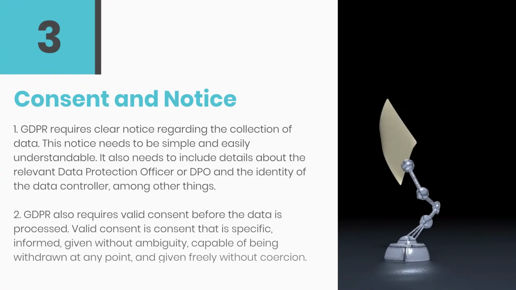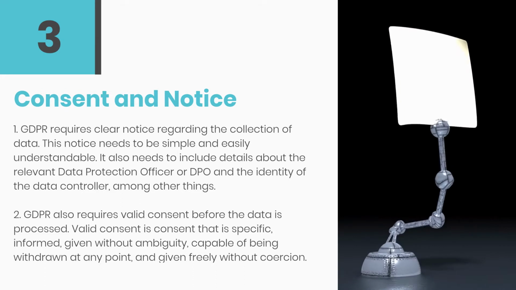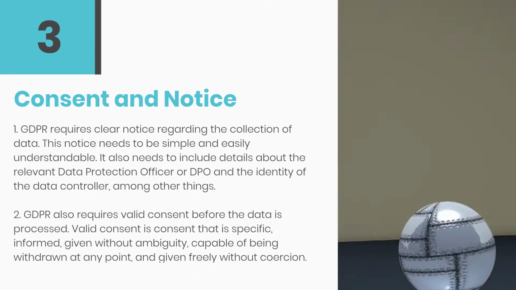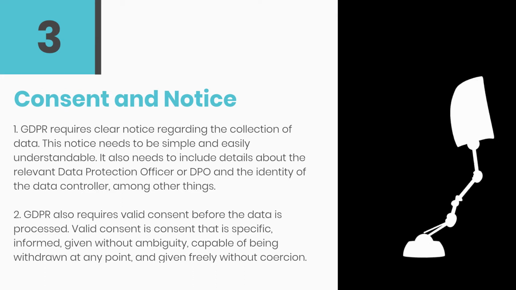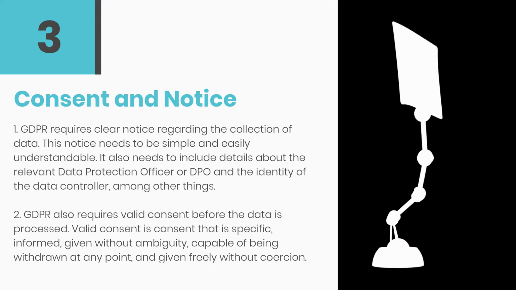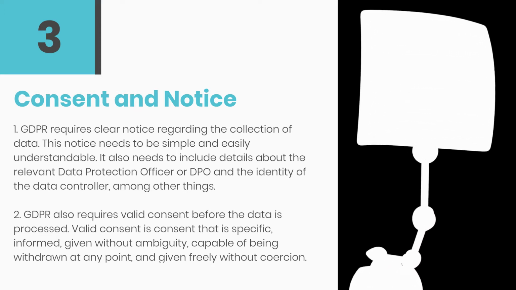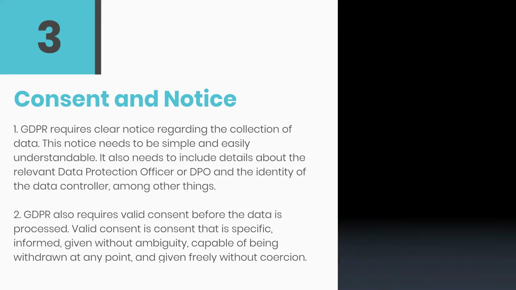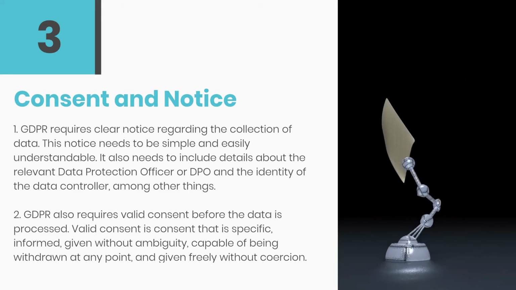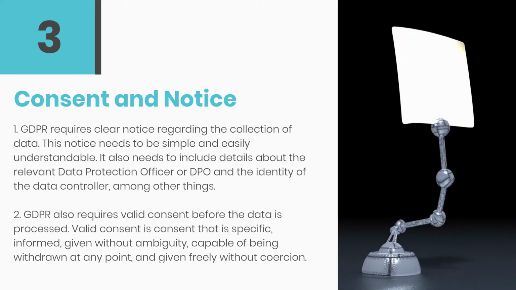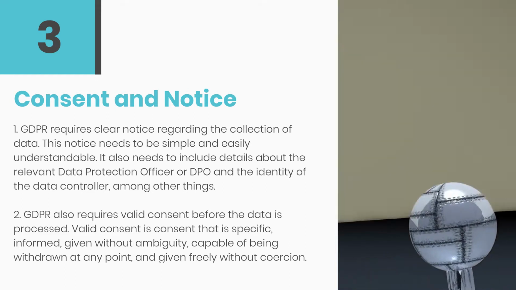Consent and notice. GDPR requires clear notice regarding the collection of data. This notice needs to be simple and easily understandable. It also needs to include details about the relevant data protection officer, or DPO, and the identity of the data controller, among other things. GDPR also requires valid consent before the data is processed.